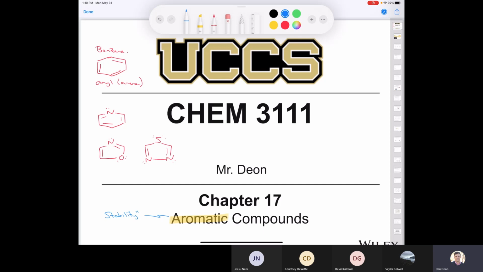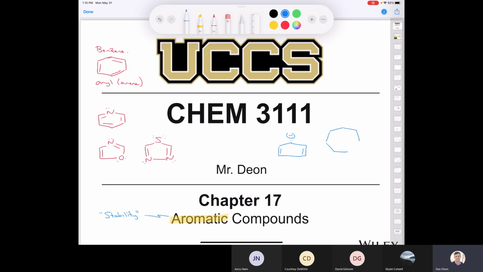There's something to do with stability when we're looking at aromatic compounds, because we can even look at ions and consider them aromatic. Say, for example, I have a 5-membered ring with 2 pi bonds and a carbanion. That's an aromatic compound. I can even have an aromatic compound where I have a positive charge in the ring.